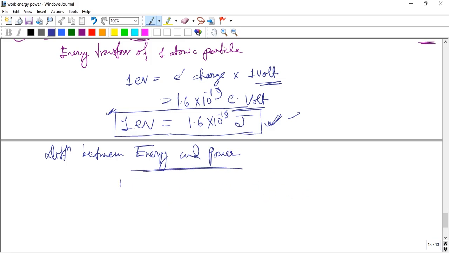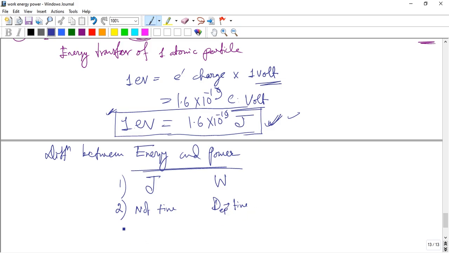First, the SI unit of energy is the joule, and the SI unit of power is the watt. Second, energy spent does not depend on time, whereas power depends on time.